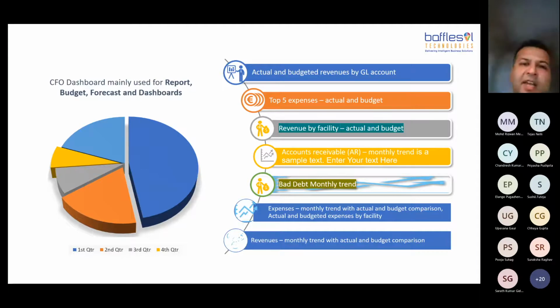So if I am a CFO and I look at my insight, or what I call a dashboard, it tells me where I stand, maybe on a weekly basis, or even a daily basis: this was my budgeted revenue, this is my actual revenue, and these are my proposed additional expenses or revenue. That is what I need to focus on.